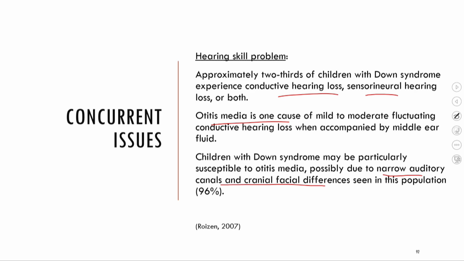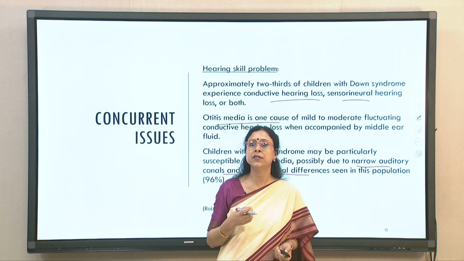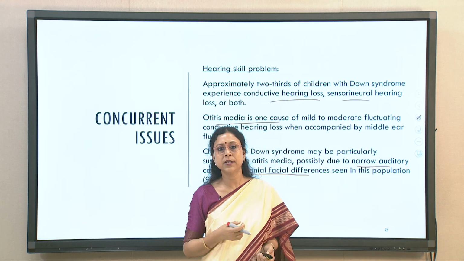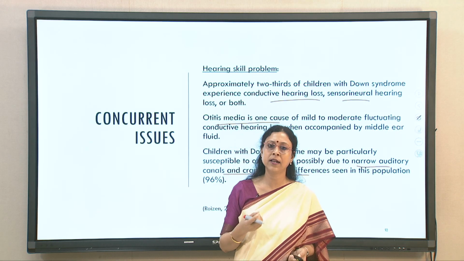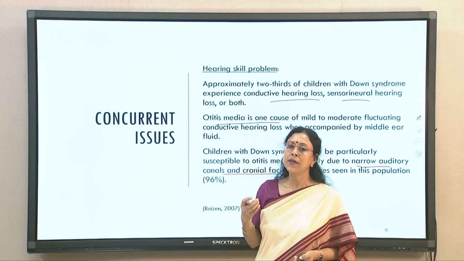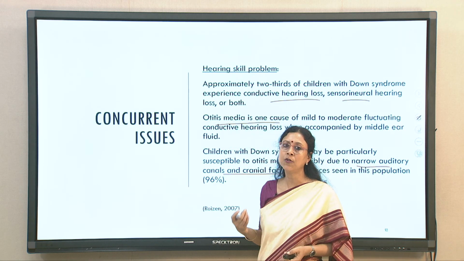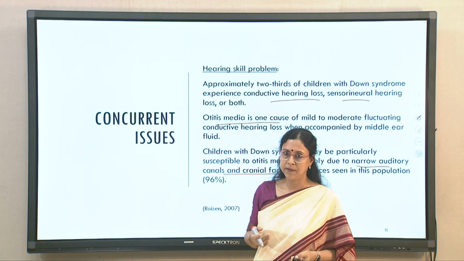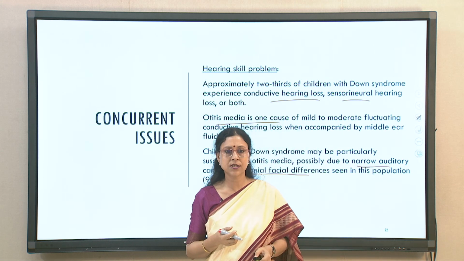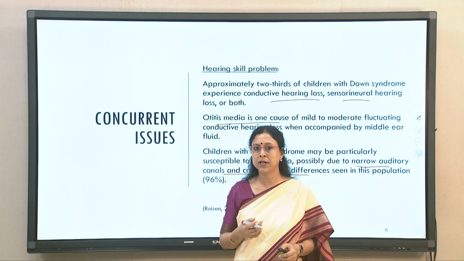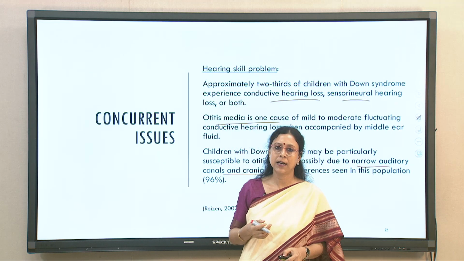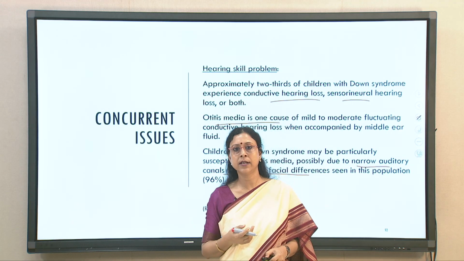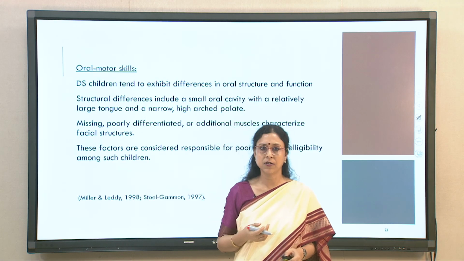Down syndrome persons have a very particular kind of facial structure, which probably leads to narrow auditory canals and craniofacial features. Because of this, they might be more susceptible to otitis media, which is the underlying reason for various kinds of hearing loss. So, this is the connection that has been proposed as a reason for the hearing problem with Down syndrome children.